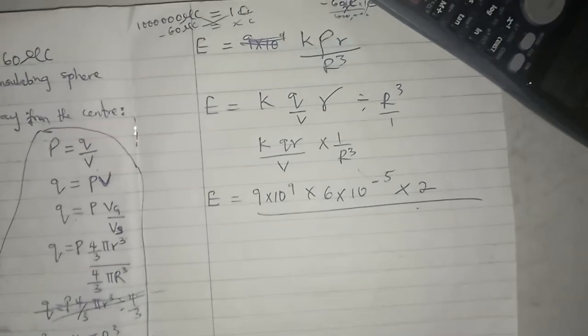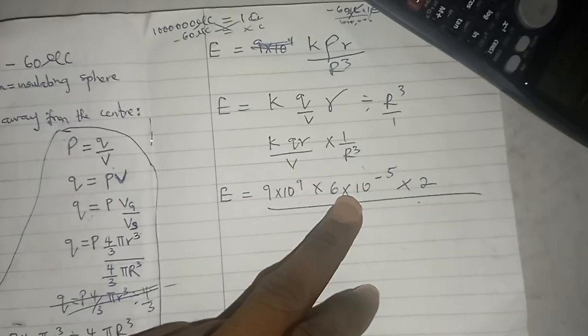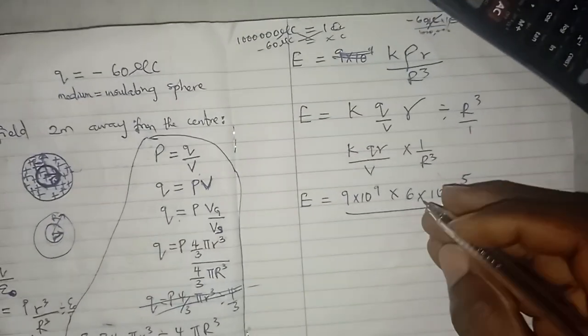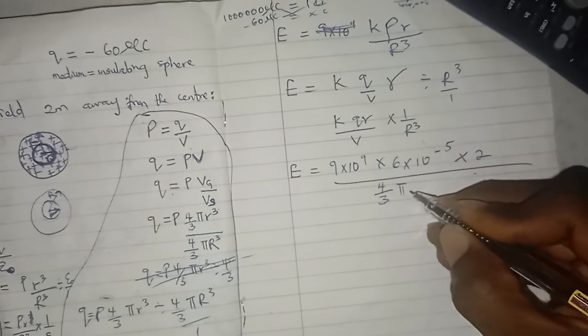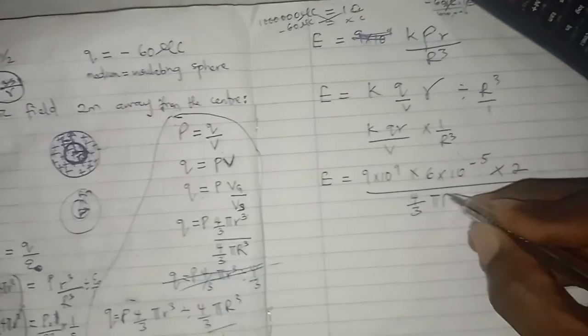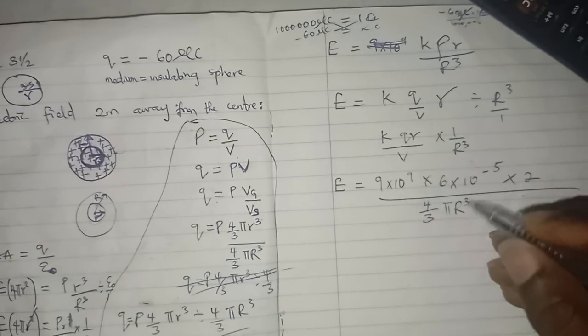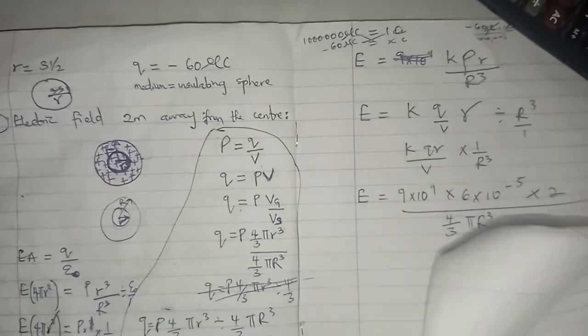Volume of the sphere is given by 4 over 3 pi r cubed. And this is the volume of charge.